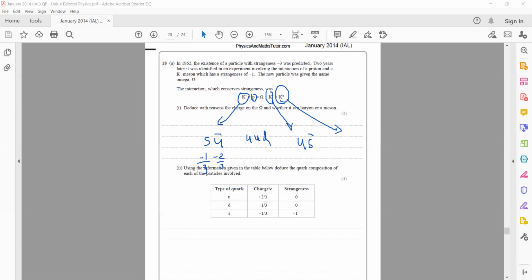It will be down and anti-strange. Yes, the strangeness number for K positive will be +1.